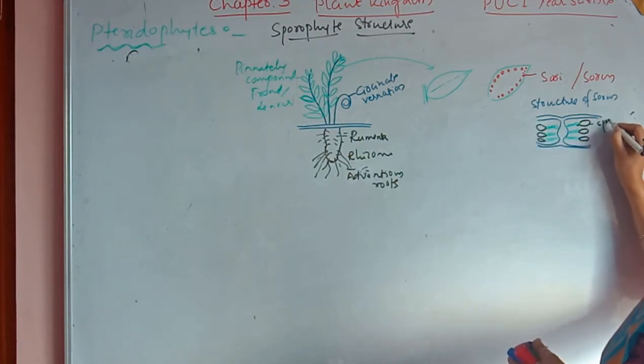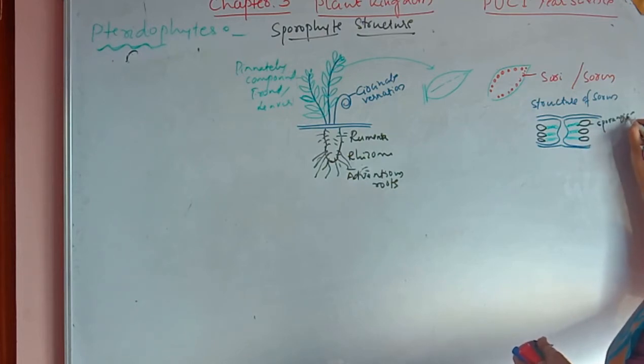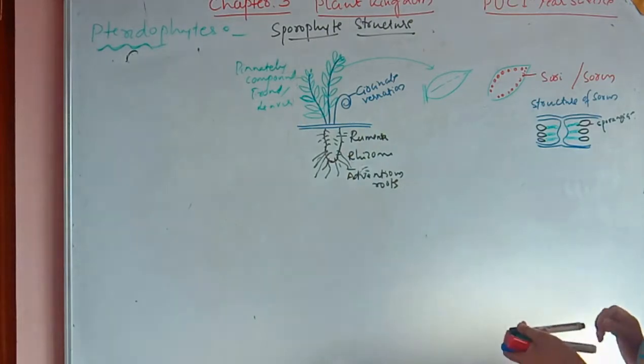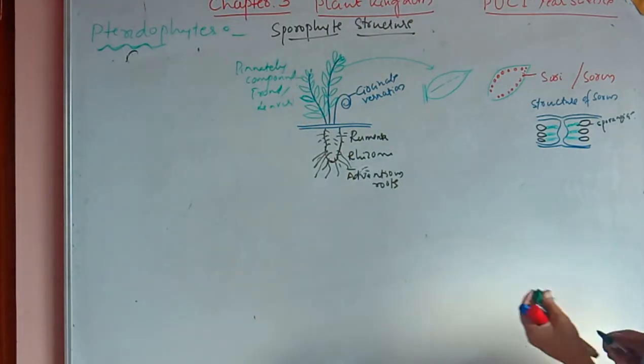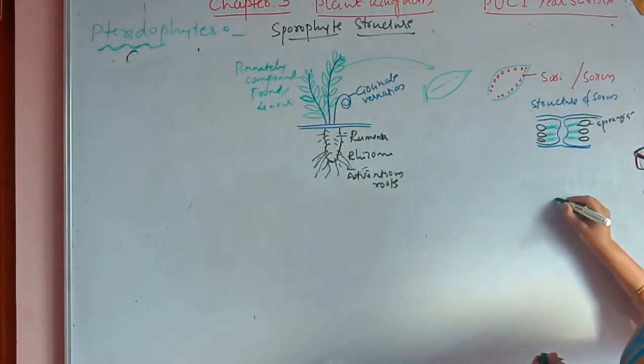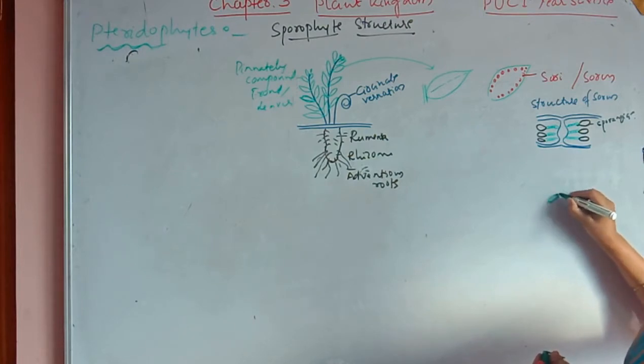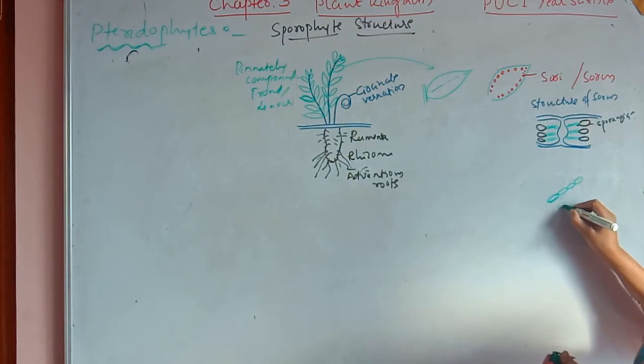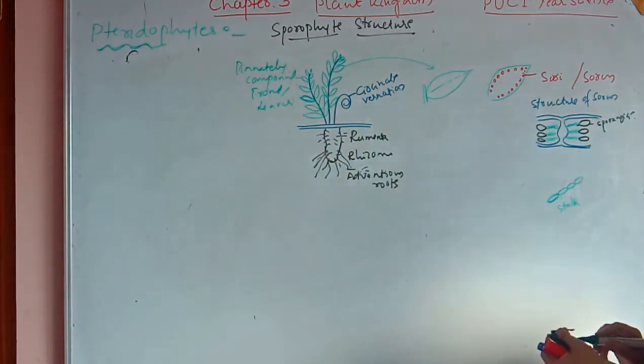When we observe the detailed structure of a sporangium, these are the multicellular thick walled stalk of the single sporangium.